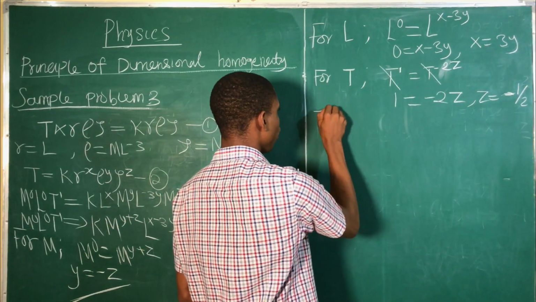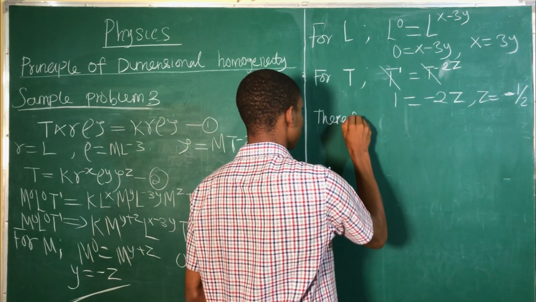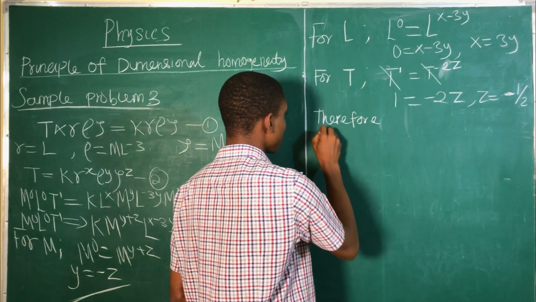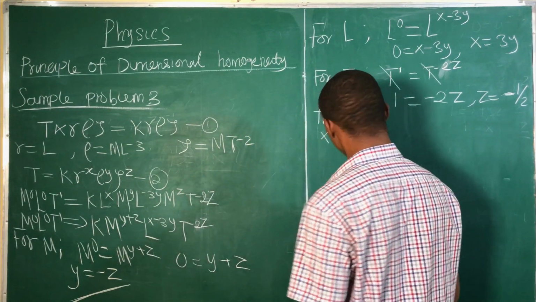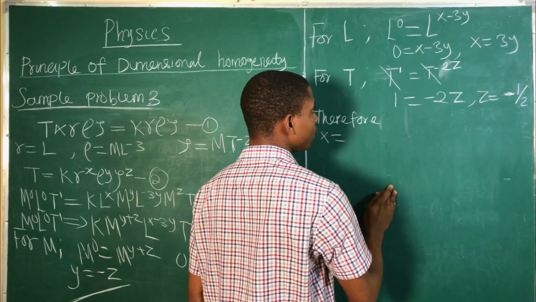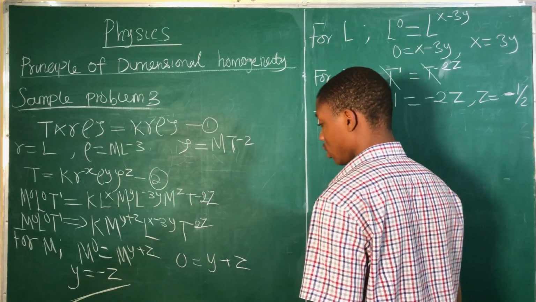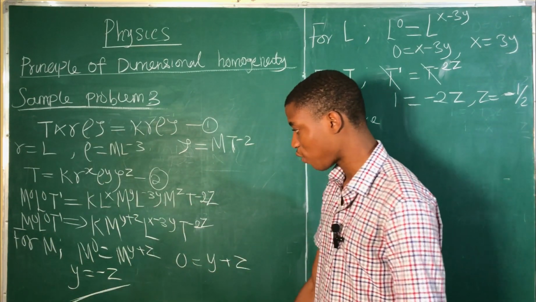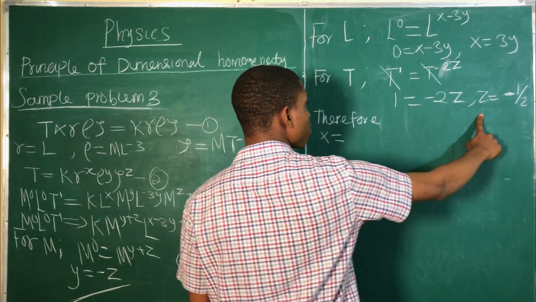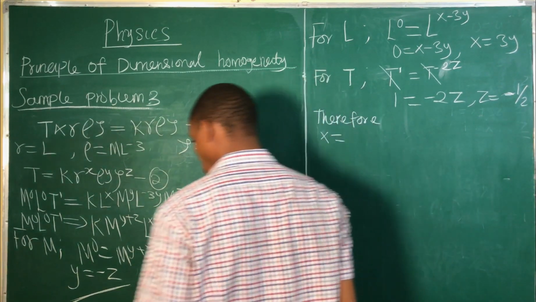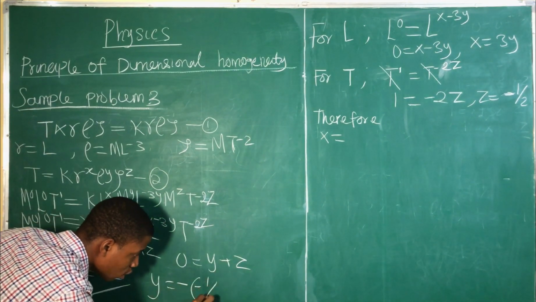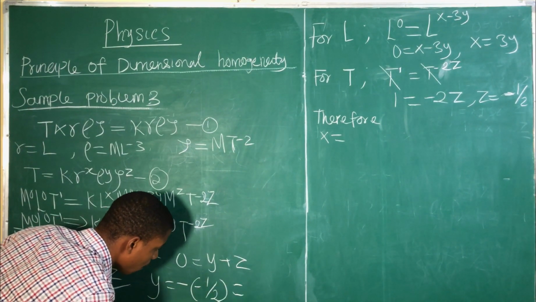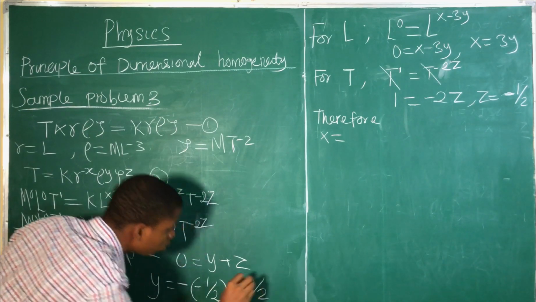So therefore, we have that X is equal to 3Y, and Y is equal to negative Z. So if Z is equal to negative 1 over 2, therefore Y will be 1 over 2.